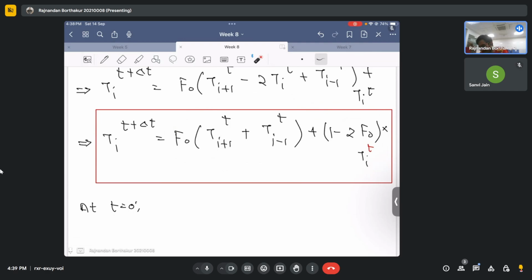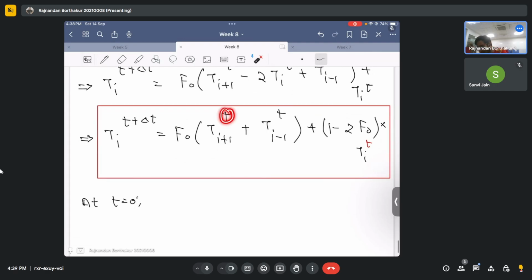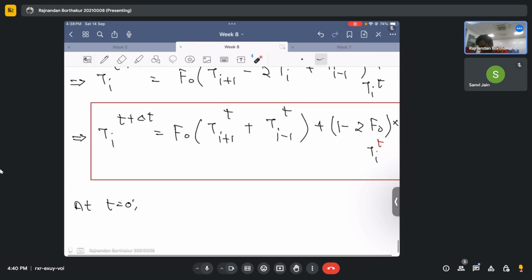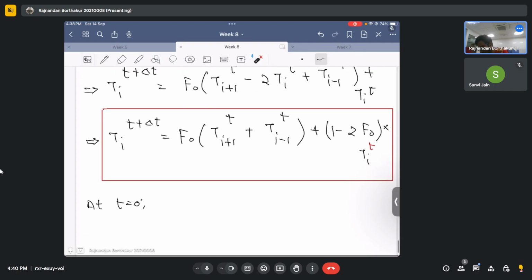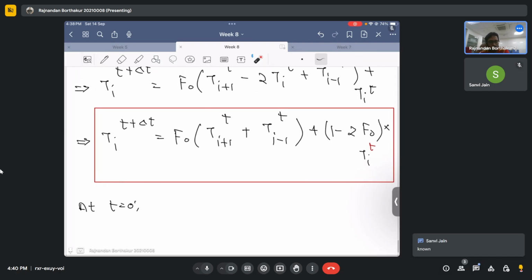At t equal to 0 seconds, this becomes T_i+1 at 0, this becomes T_i-1 at 0, and this becomes T_i at 0. Is it known or unknown? Yes, it's a known quantity.